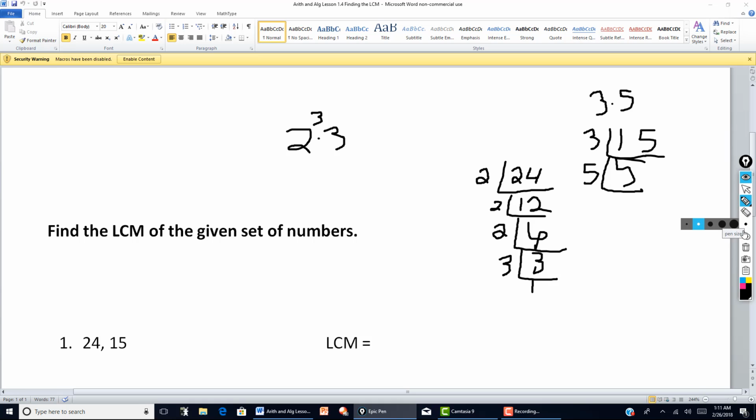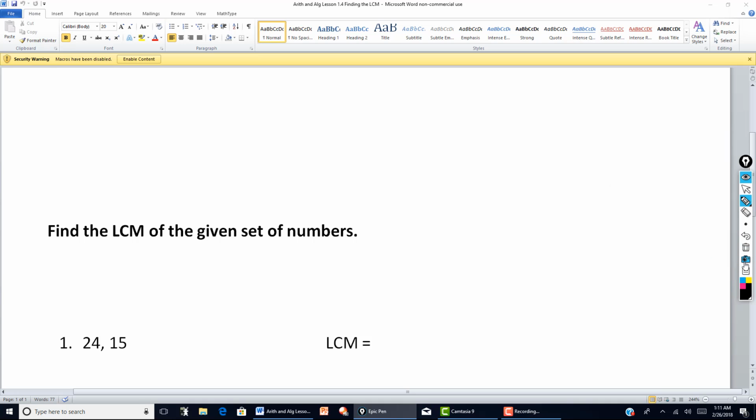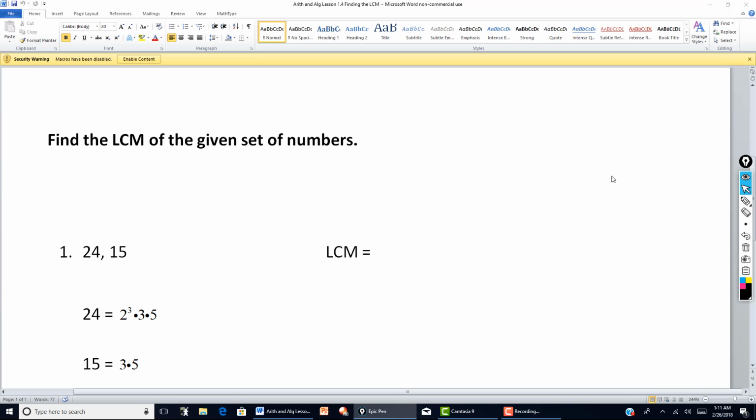So let me clear this. Okay, so here I have 24 prime factored out, 15 prime factored. So the procedure for finding the LCM or LCD is to prime factor each number, and then once you've done that, for the LCM, you're going to take each factor that appears in any of the factorizations.